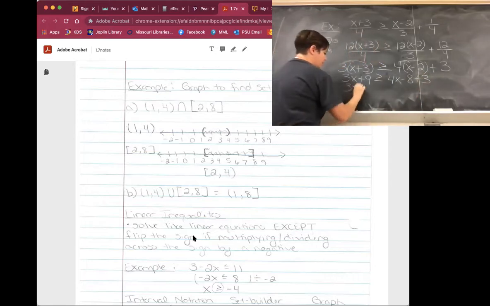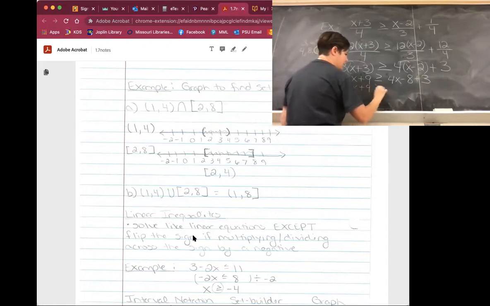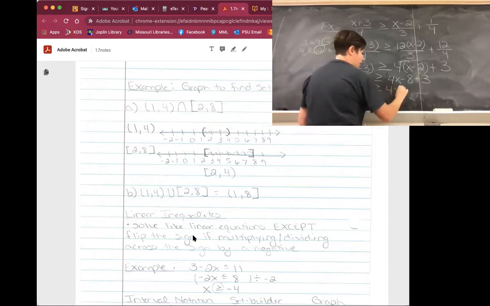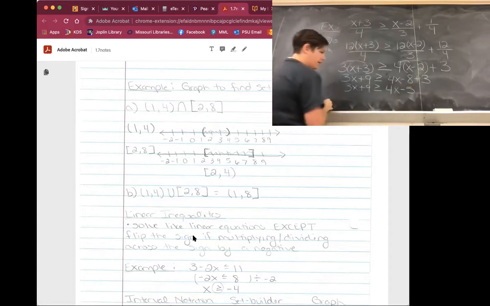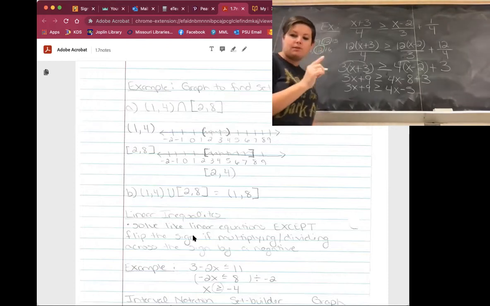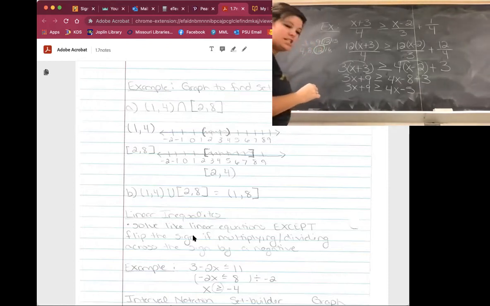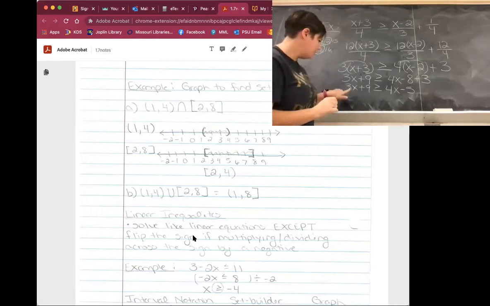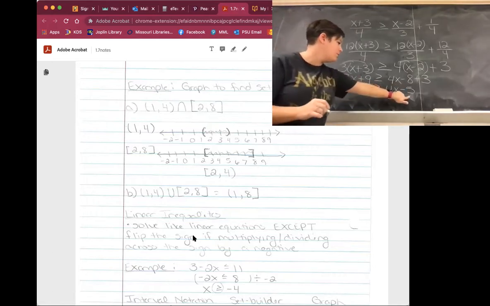So I have 3x plus 9 is greater than or equal to 4x, and then I have a minus 8 plus 3, which is a minus 5. So I need to get my x's on one side and my numbers on the other. Just to save me having to flip-flop, I'm going to move my 3x over and I'm going to move my 5 over.